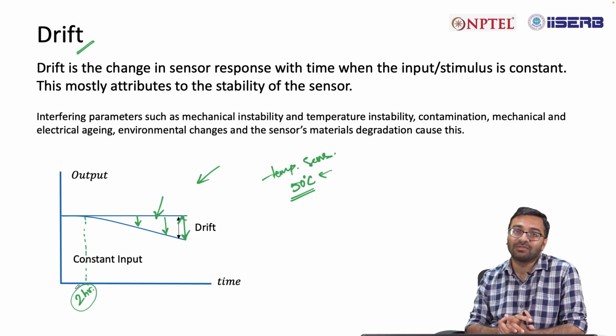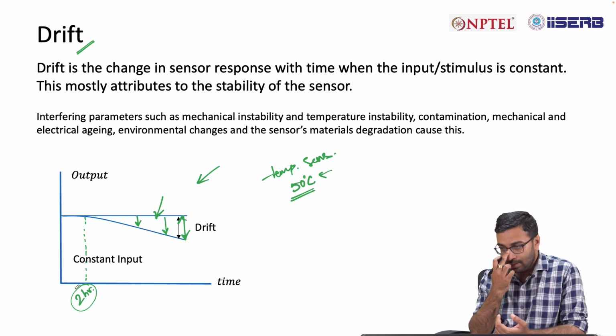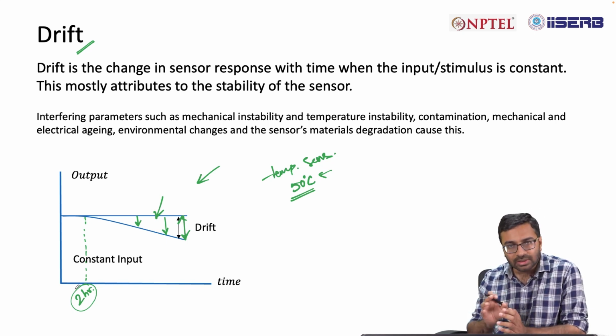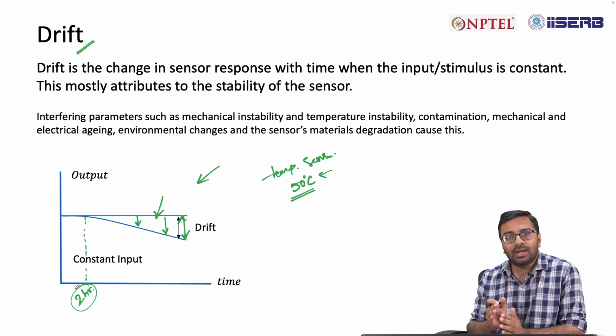It depends on the kind of application you are targeting. Generally speaking, the comment that I am making is you can work with a sensor that has a drift, but then you have to work with the system. There are ways where you can work with a sensor that is having a drift.